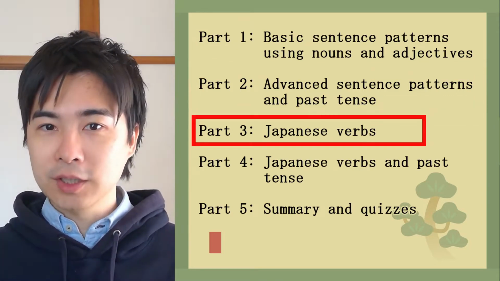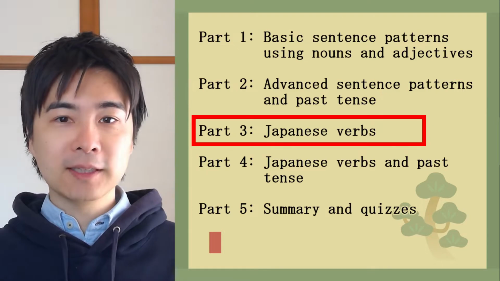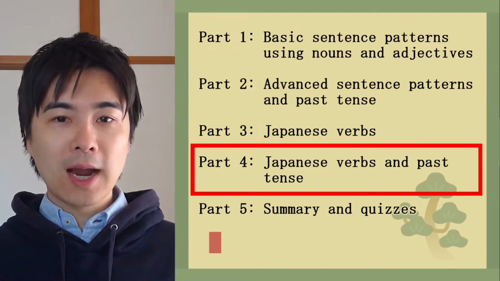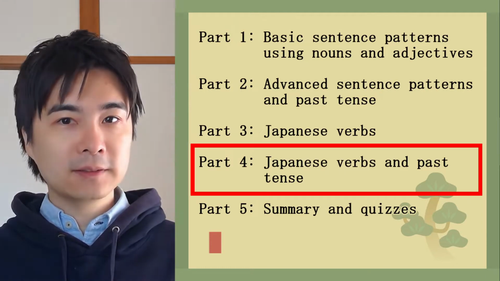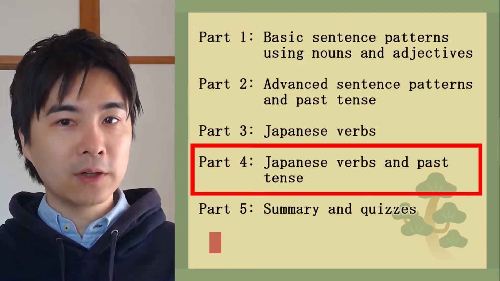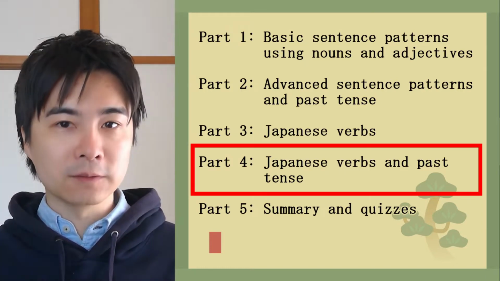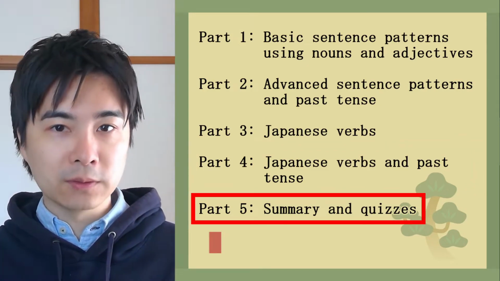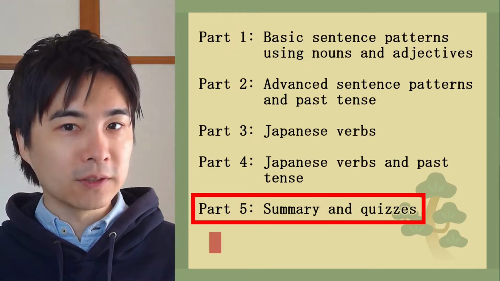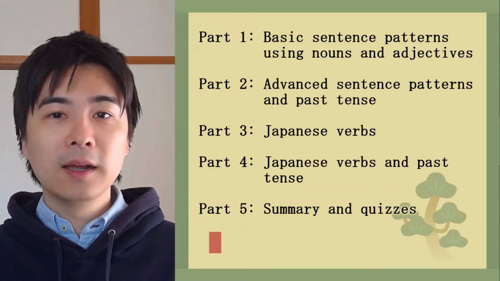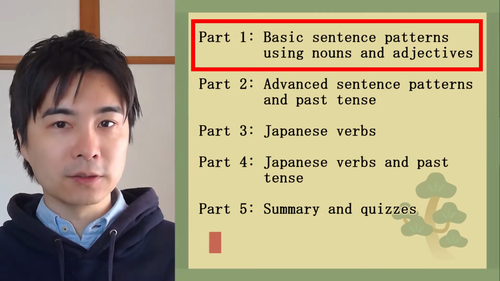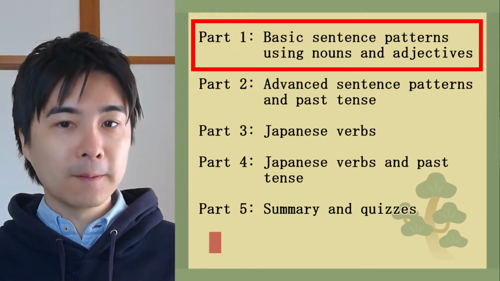And in part 3, I will explain about the sentence patterns using Japanese verbs. And in part 4, I will explain a bit about advanced sentence patterns using Japanese verbs and past tense of Japanese verbs. And in part 5, I will summarize all the videos and I will ask questions in order to test your memory. So in this video, I will introduce 7 sentence patterns using Japanese nouns and adjectives.